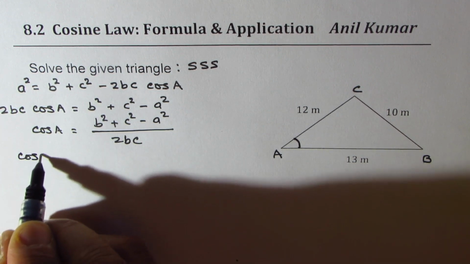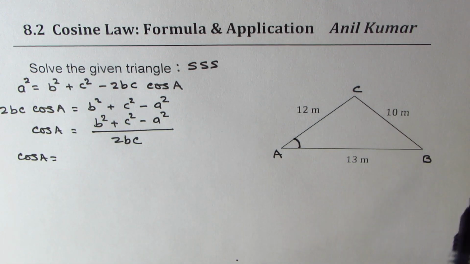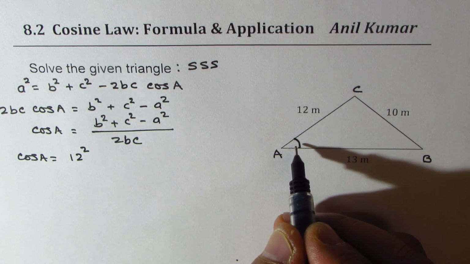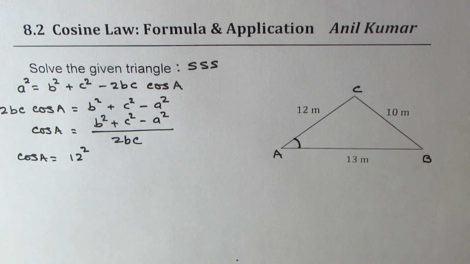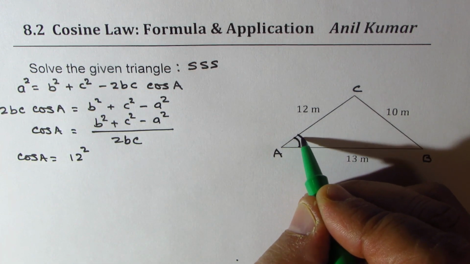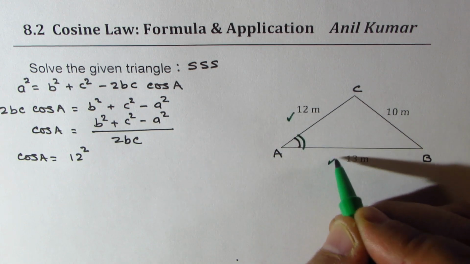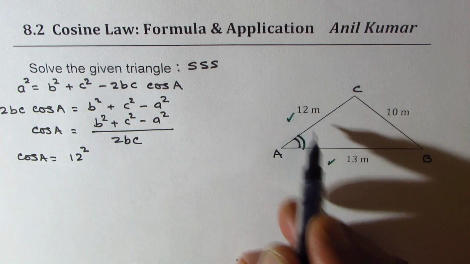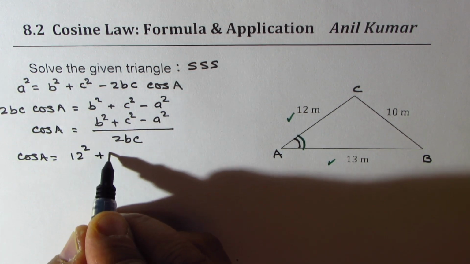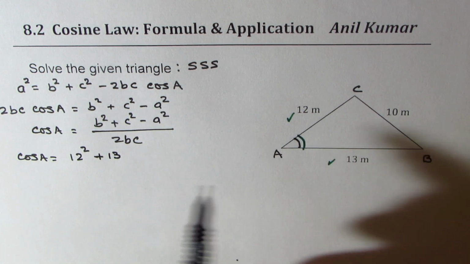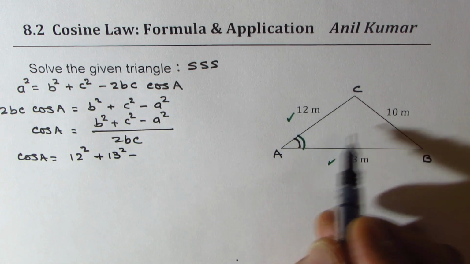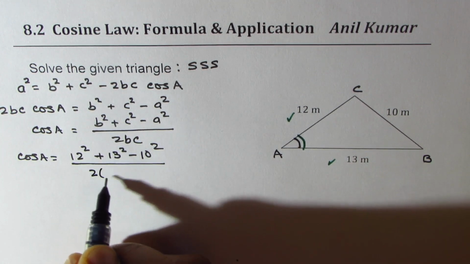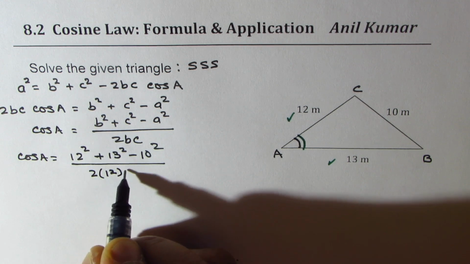So we get cos of A equals, so b square is 12 square. When you're using angle A, you're going to use these two sides to add, right? So b square plus c square, that is 12 square plus 13 square, minus the side opposite square, 10 square, divided by 2 times 12 times 13.